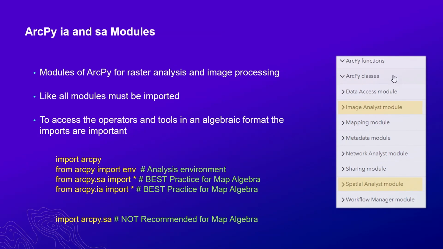To keep the expression simpler, you may choose to import this module in a certain way. Here is an example. You import arcpy, and then from arcpy, you import env to control your analysis. But then from the SA module or IA module, you import everything with from arcpy.sa import star or from arcpy.ia import star. That will let you write expressions in a much simpler form, and we'll see how that goes.